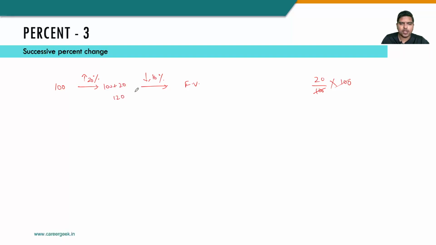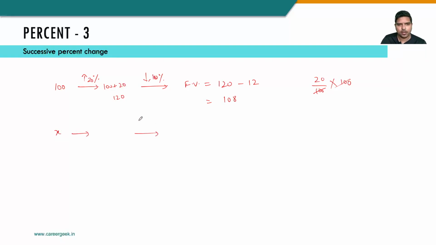So this becomes 120. Now 120 is decreased by 10%. 10% of any number is one decimal, so 10% of 120 is 12. You subtract 12 from 120 and what you get is 108. So this is called successive percent change. There is an increase and a decrease. Similarly, we can calculate this for any variables also.